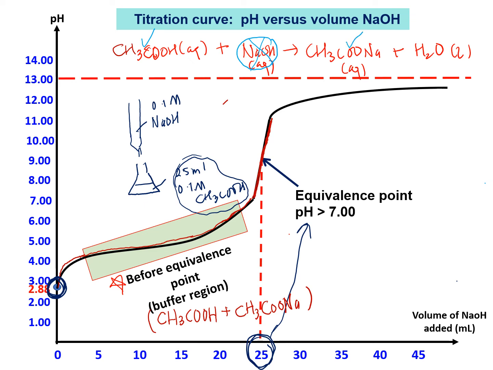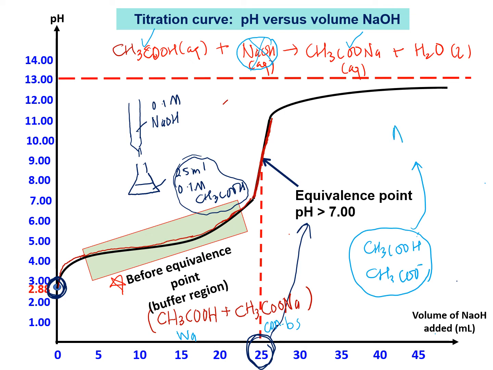So we have a mixture of a weak acid and its conjugate base salt, CH3COOH dengan CH3COO minus. So does this combination looks familiar to you? So this is actually your acidic buffer.